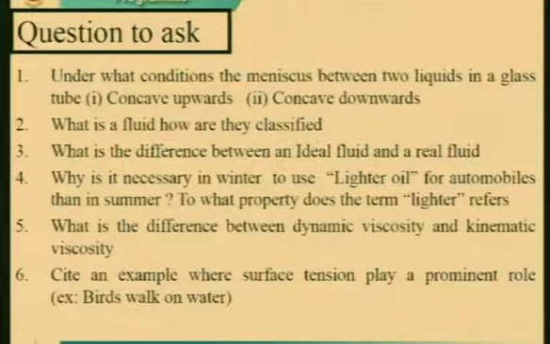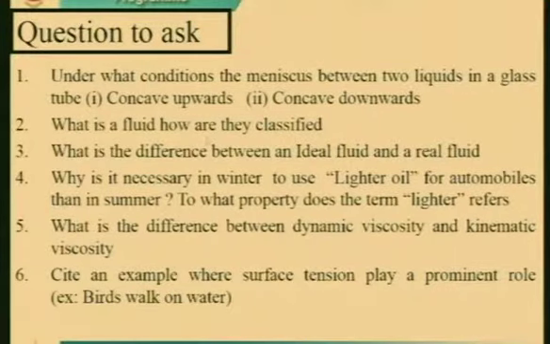Okay. So far we have discussed the whole properties of the liquid, starting from the SI units, then we have talked about the specific weight, the surface tension, the fluid classification, Newton's law of viscosity, ideal fluid, bulk modulus, capillary rise, everything.